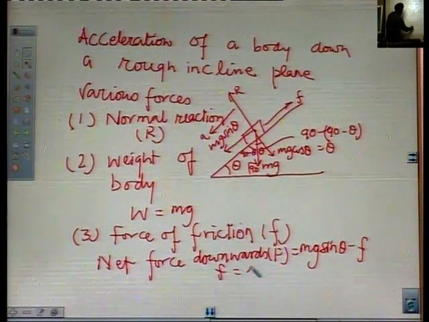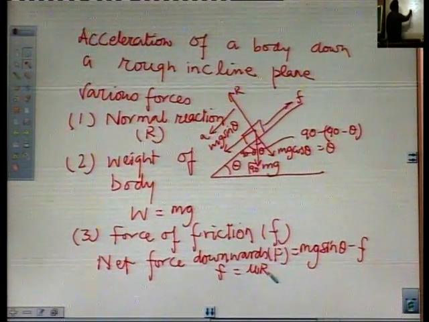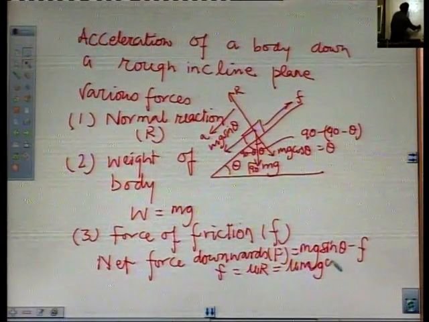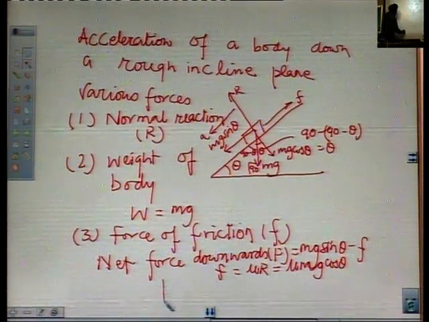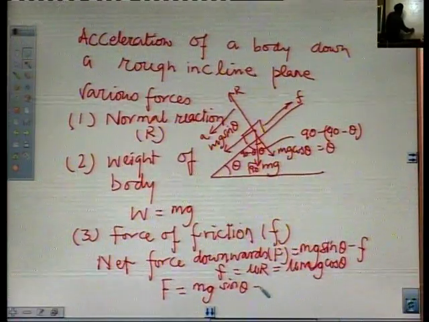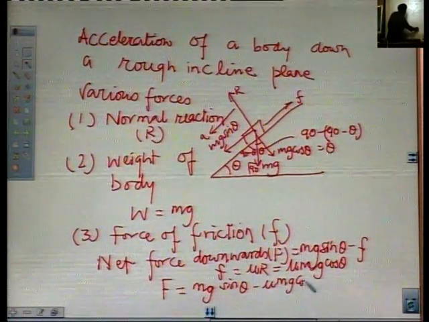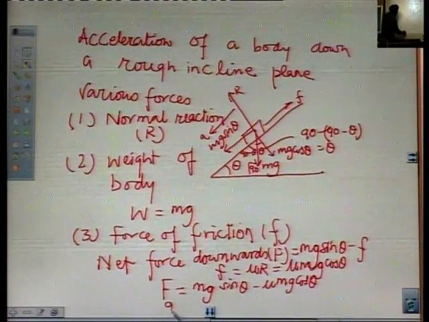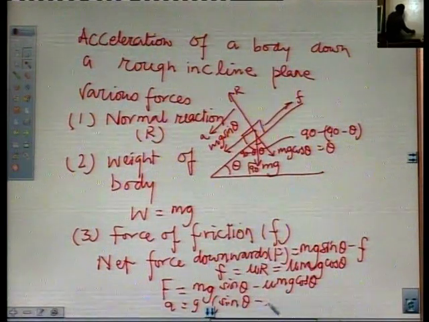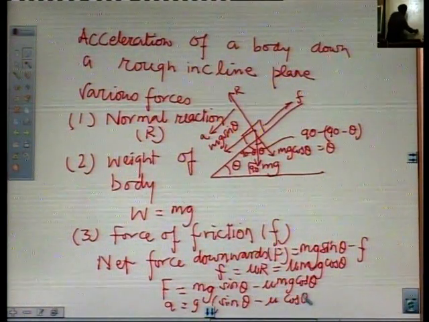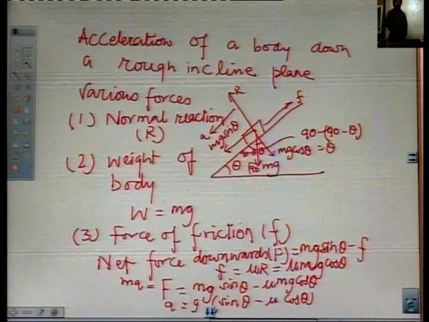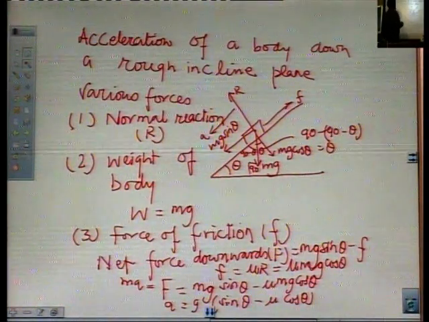Force of friction is equal to mu R. R is being balanced by mg cos theta, so mu mg cos theta. So, the force that acts downwards is mg sin theta minus mu mg cos theta, and then acceleration will be g sin theta minus mu cos theta, because force is mass into acceleration. Mass cancels out, we are left with g(sin theta minus mu cos theta).